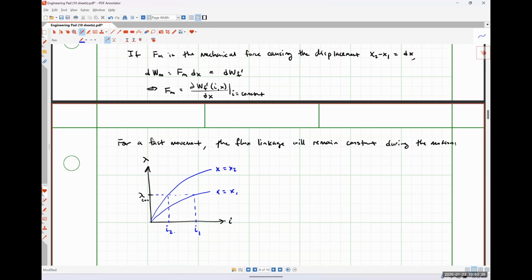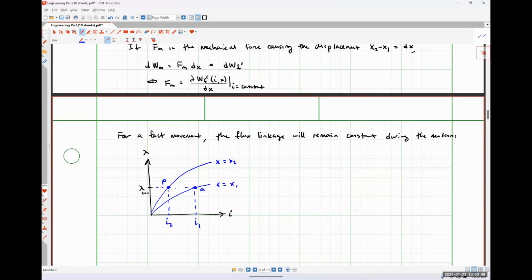If I call this operating point A and this operating point P, the operating point of our system has just shifted from point A to point P on our particular lambda-I curve.